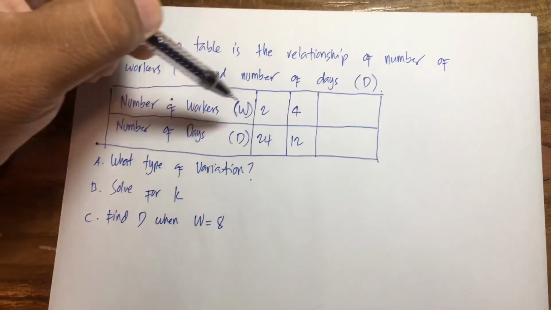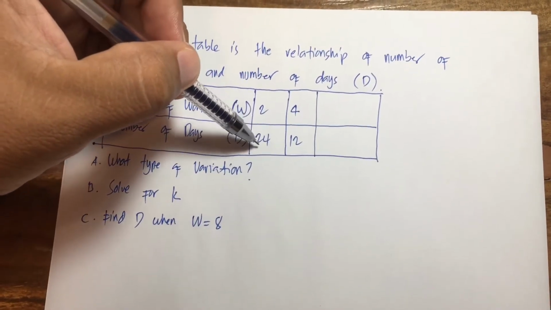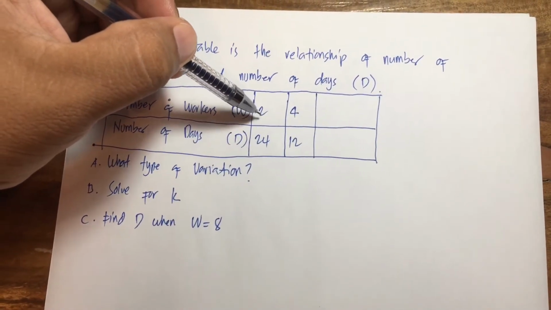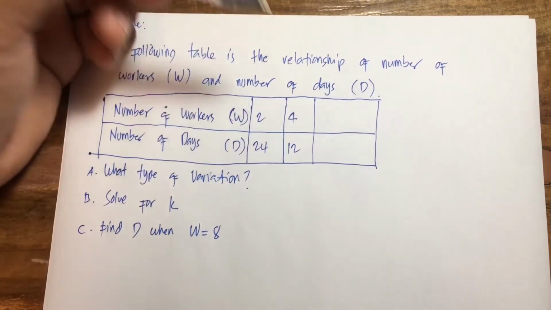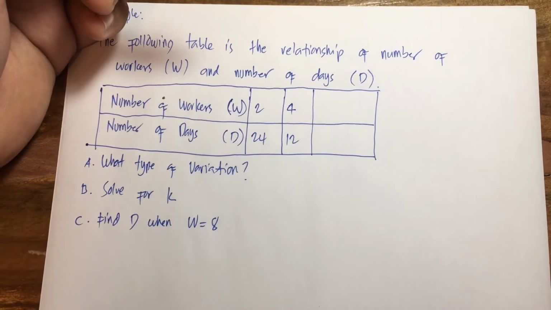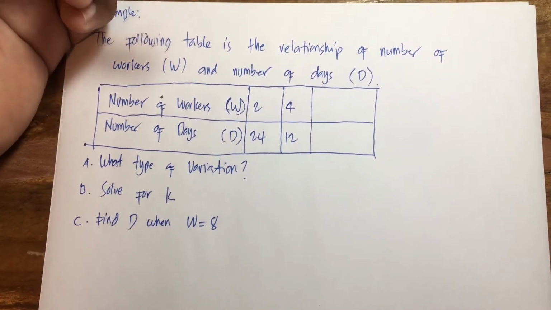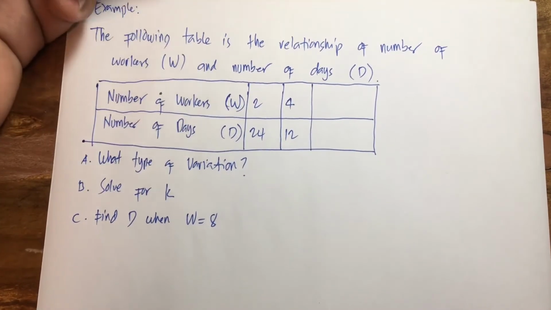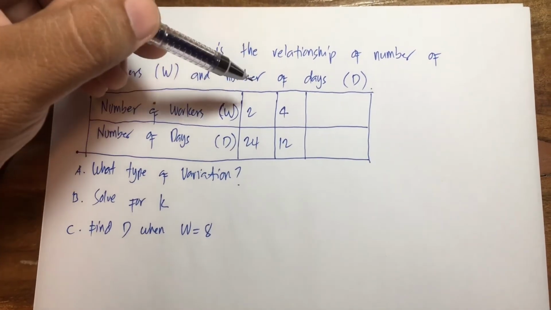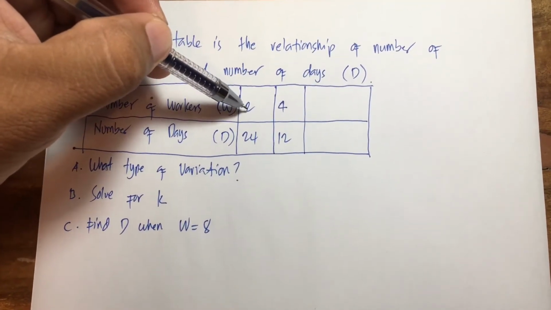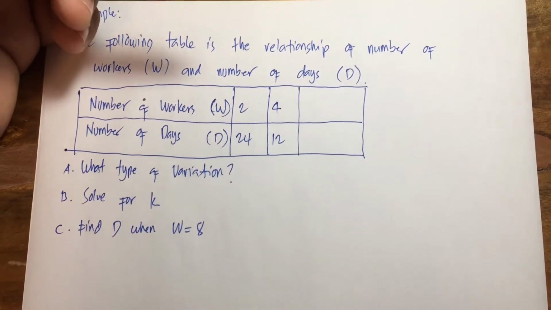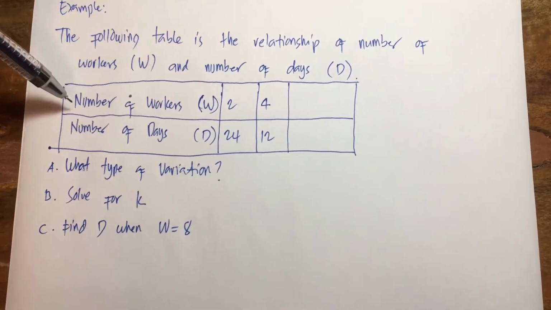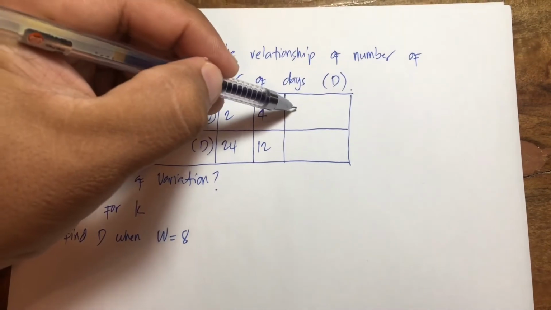So number of workers, 2 needs 24 days. As we increase 2 to 4, it needs 12 days. So can you guess, now, what type of variation? So 2 increases to 4 and 24 decreases to 12. So our first variable here increases.